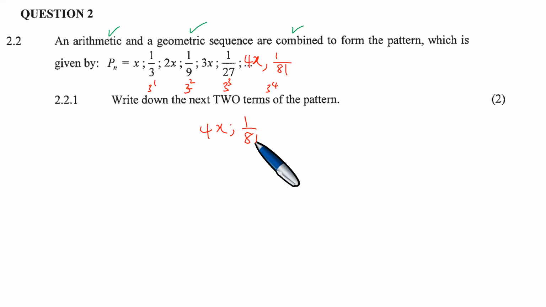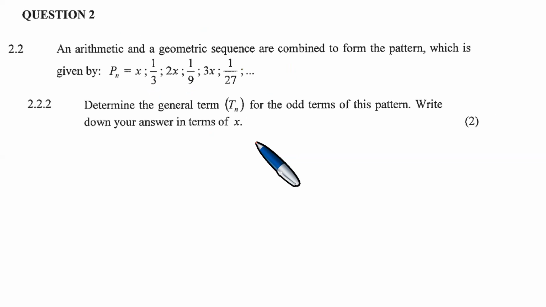We continue to look at the next question. What is the next question? Right, so the next question is as follows. We have an arithmetic and a geometric sequence, rather combined.